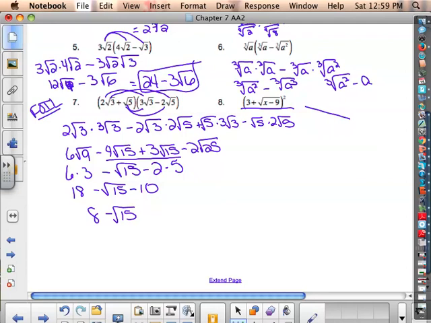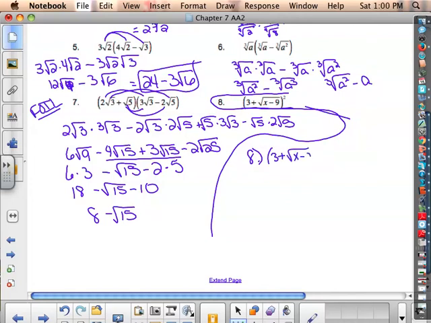For number 8, let's just do that down here. Remember that you're going to square this binomial, and that will give you a perfect square trinomial. Don't take a shortcut. This is 3 plus the square root of x minus 9 times 3 plus the square root of x minus 9. So again, you want to FOIL.